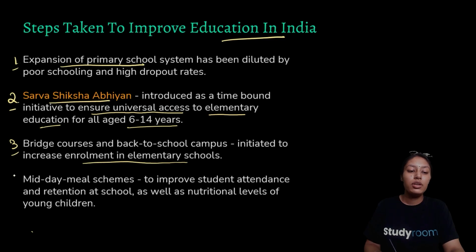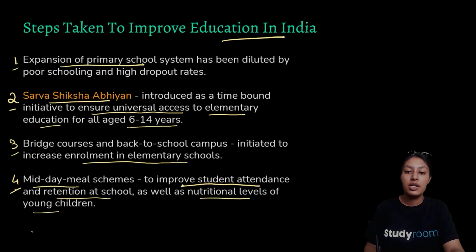Fourth is a very famous and very important scheme which we call midday meal. Midday meal was also introduced to improve student attendance and retention at school, as well as the nutrition level of young kids. Many kids come from a very poor background.